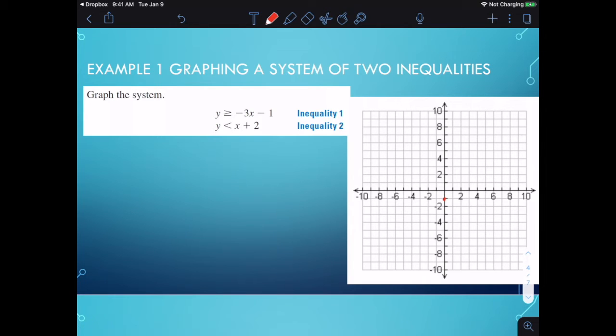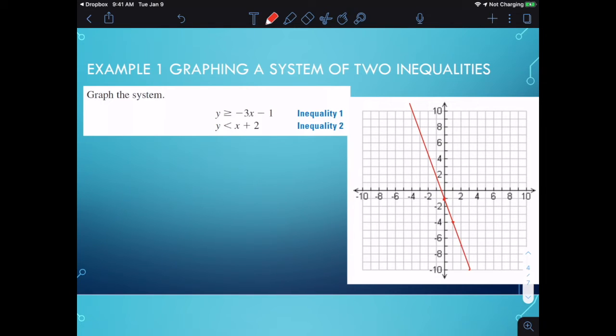So there that is, and we're going to go down 3 and over 1. And let's go ahead and draw a solid line because it's greater than or equals to that passes through all those points. And then we're going to shade.